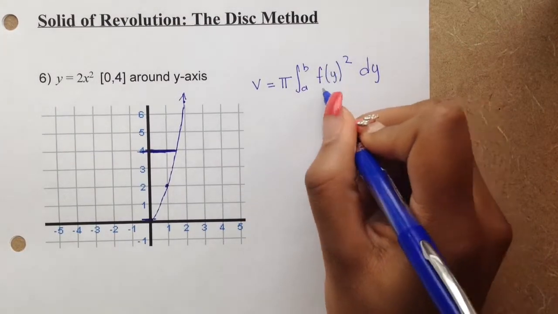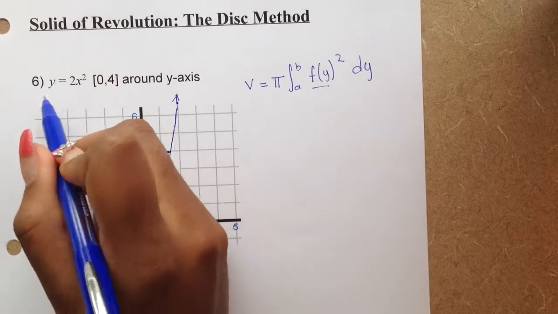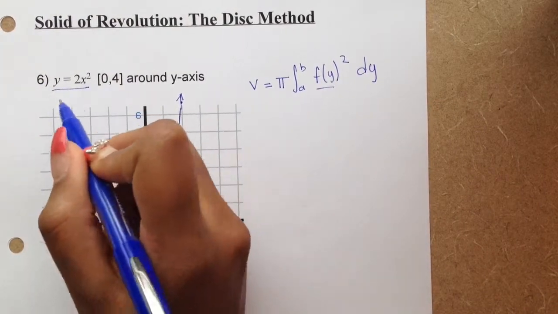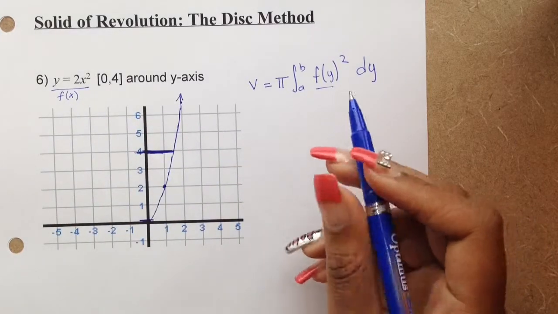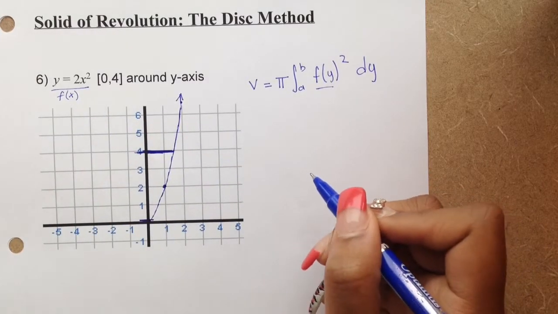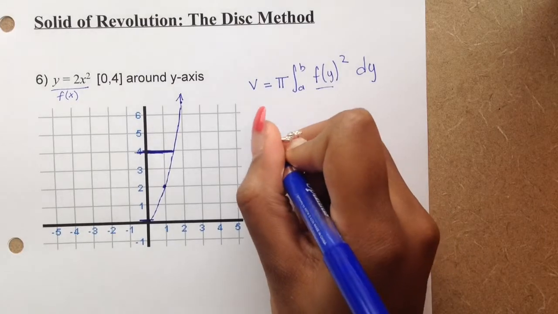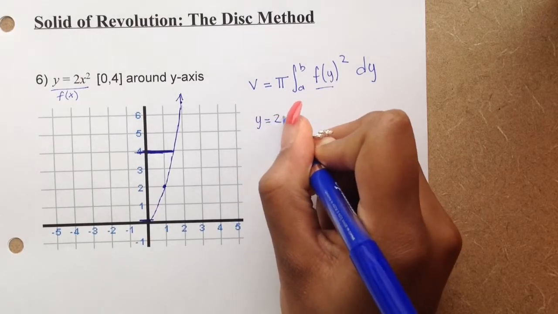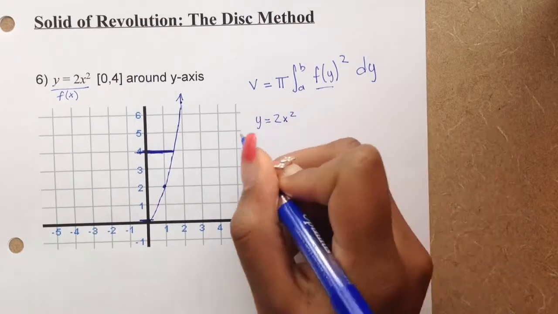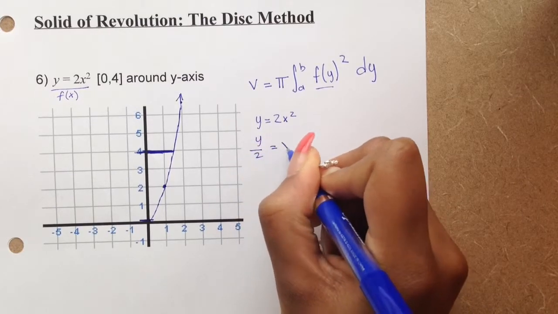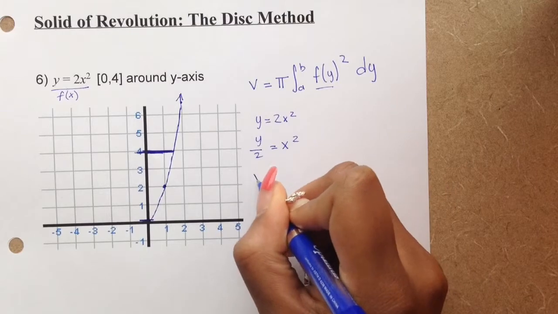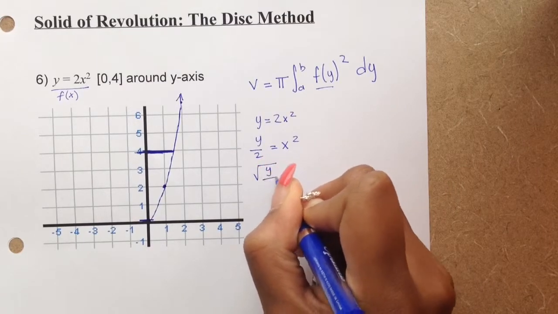So you notice that this is f of y, so we need to change this equation, which is normally f of x, into terms of f of y. And to do this, we just need to solve for x. So y equals 2x squared. We'll divide by 2, y over 2 equals x squared, and then square root both sides.